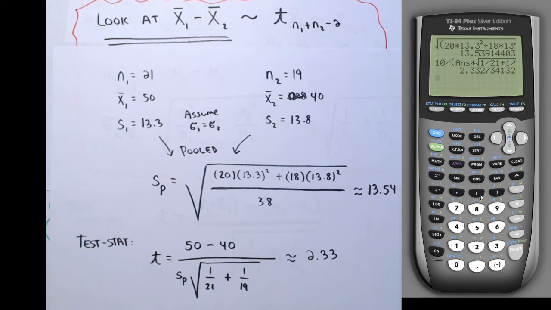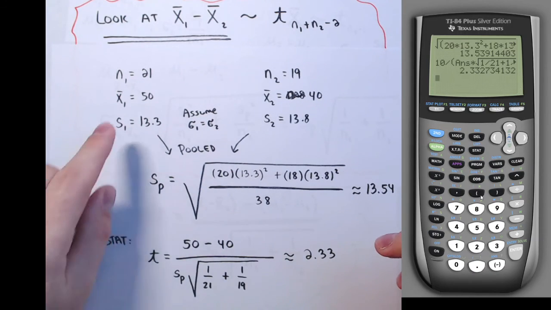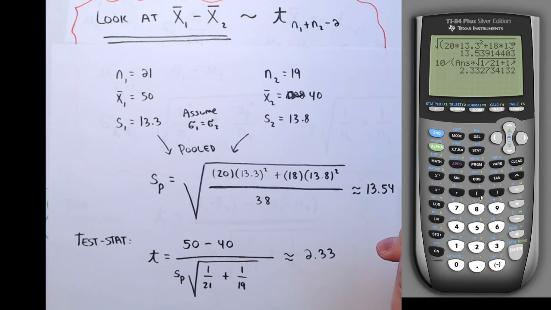So the difference between our sample means, 50 minus 40, is 2.33 standard deviations above the assumed difference of means from the null hypothesis, which is reasonably far away.